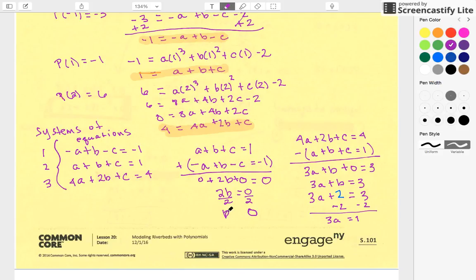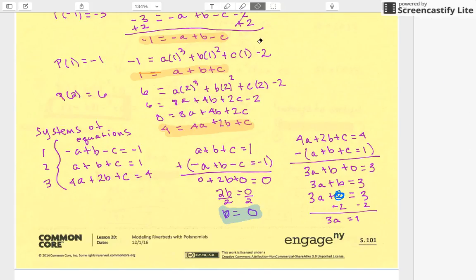So we have b equals 0. Sorry, b should equal 0. You're probably like, wait, I thought with 0, anything times that gives you 0. You're right. So this should be 0. And in this case, we don't have to do this step.